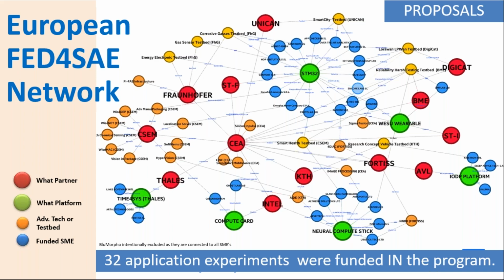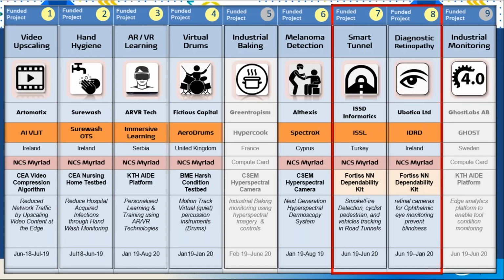Great, next slide. Okay, and so as a result of this, from Intel's perspective, we have these application experiments that, as I said, reference either the compute card or the Myriad neural compute stick. And this slide is again a busy slide, but it gives you the overview and the diversity of application experiments. It shows how AI is applicable in a range of different industries.